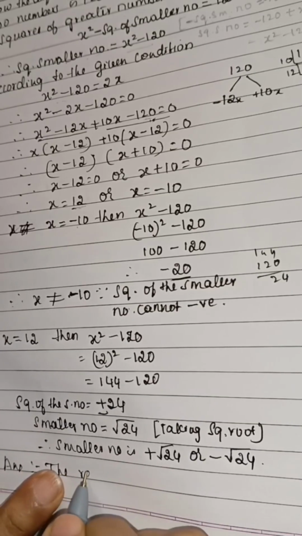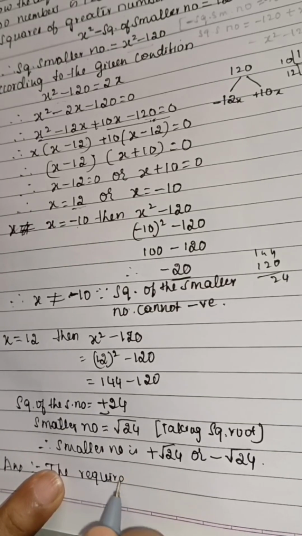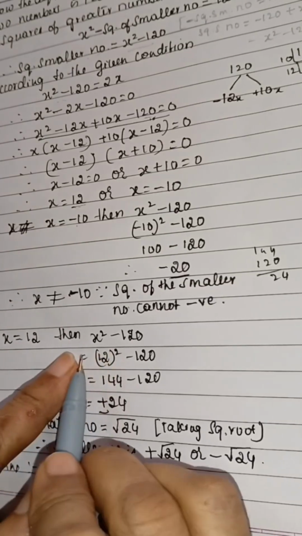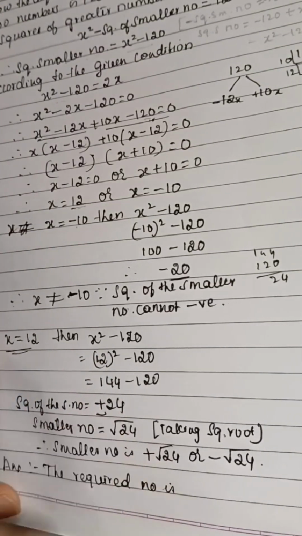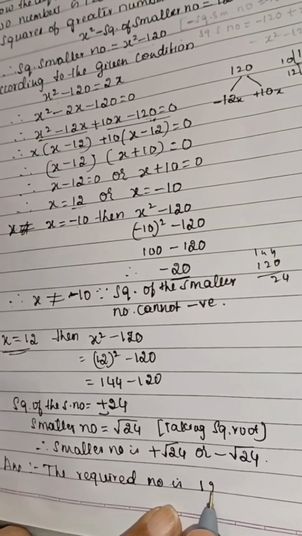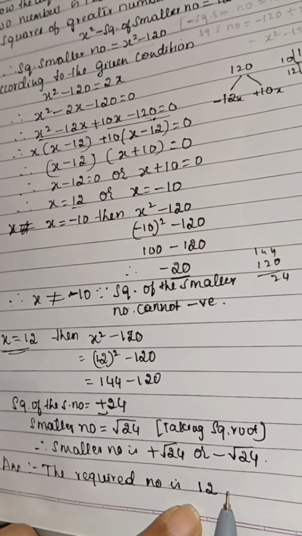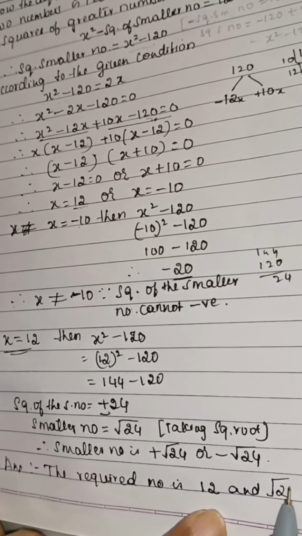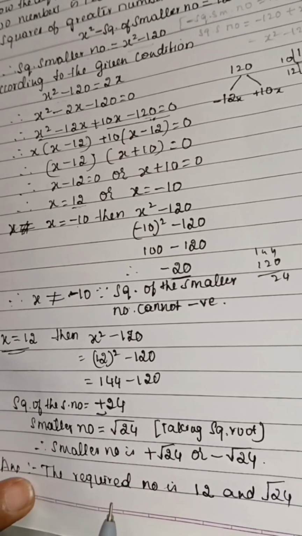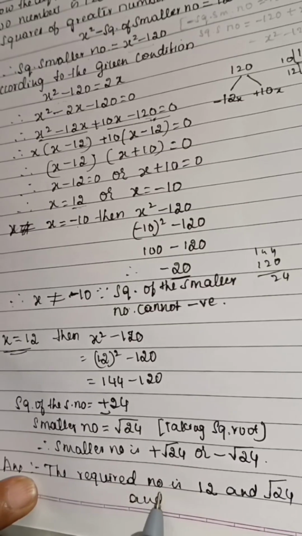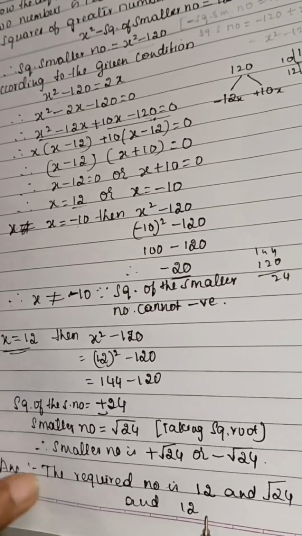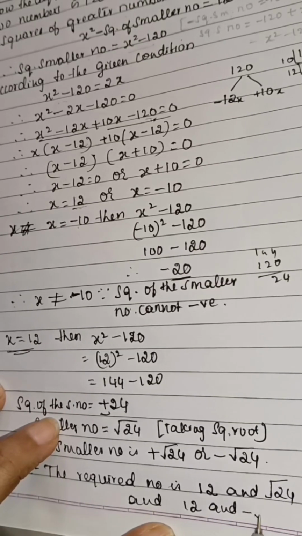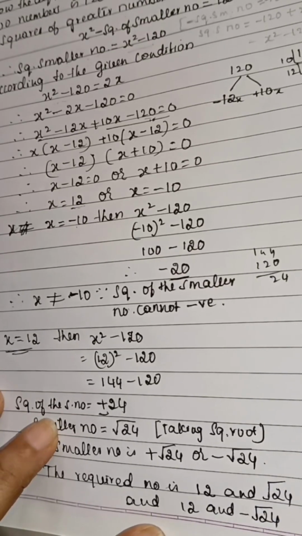Okay, therefore the answer is, the required numbers are: one is 12 and plus root 24, and another one is 12 and minus root 24.